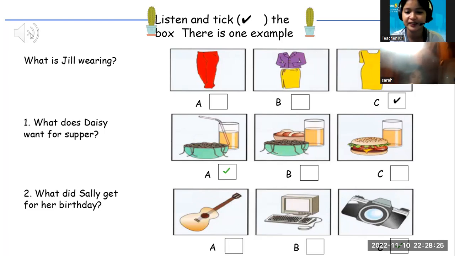Okay, so those are your answers. Let's have number 1. What does Daisy want for supper? Daisy wants a noodle and a juice. So that is letter A. Okay, that's correct.